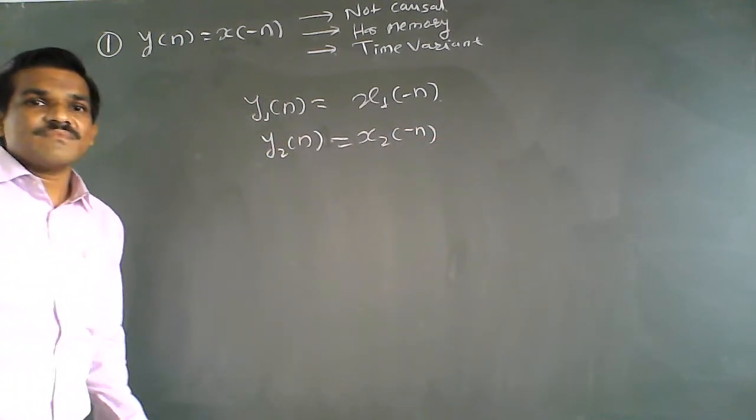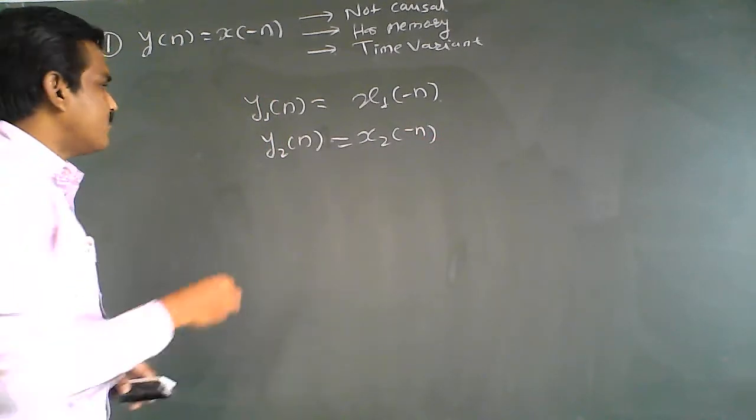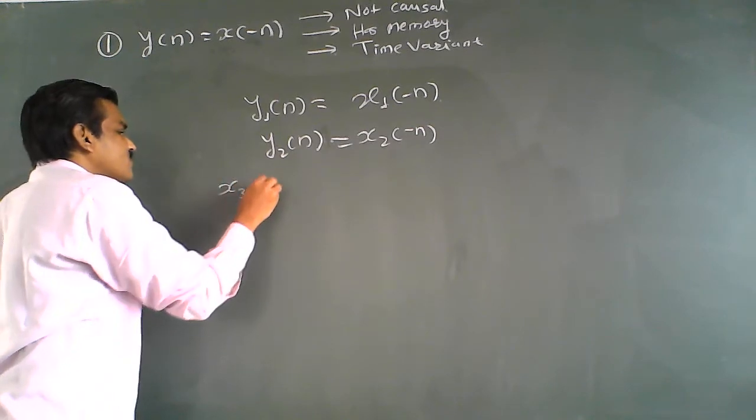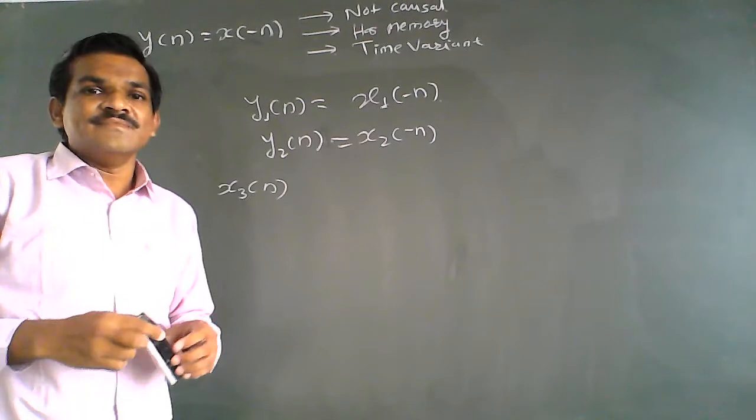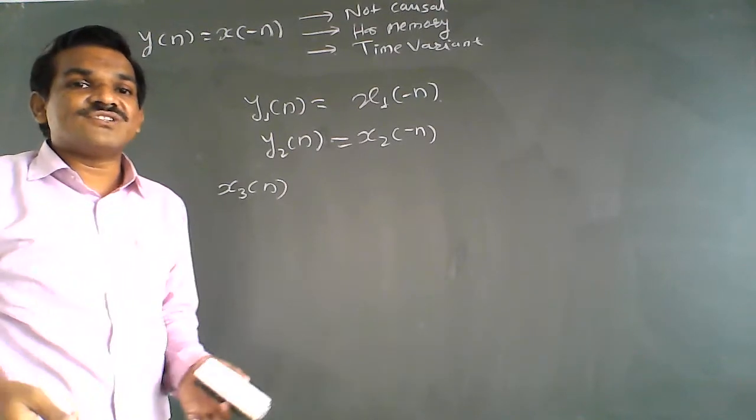Now let us consider the third input, x3 of n, which is the linear combination of x1 and x2.